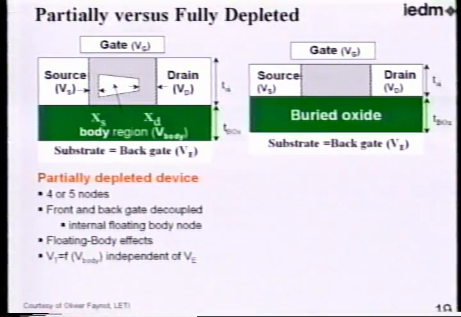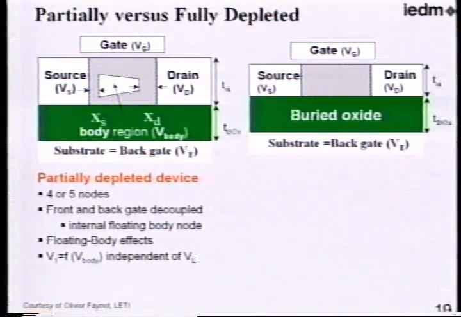The back and front gate are decoupled because of this internal floating node, and so obviously you have floating body effects. The VT in this case is a function of the floating body voltage.